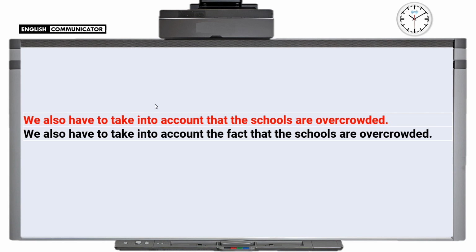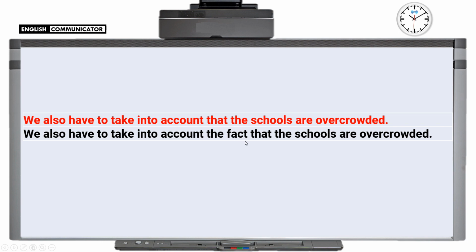Next slide. We also have to take into account that schools are overcrowded. What's the difference? Look, we also have to take into account the fact that the schools are overcrowded. The fact that schools are overcrowded. So the wrong sentence is into account the schools.